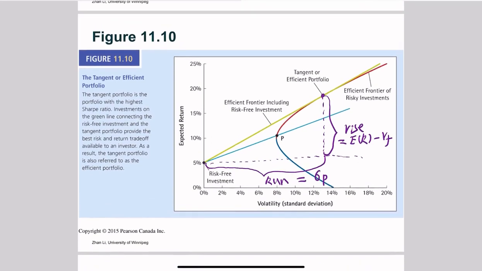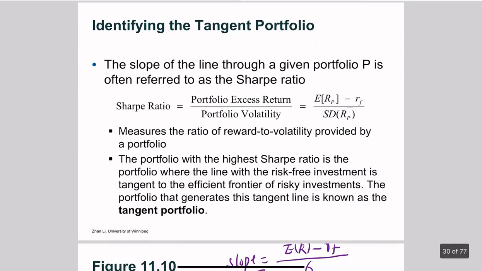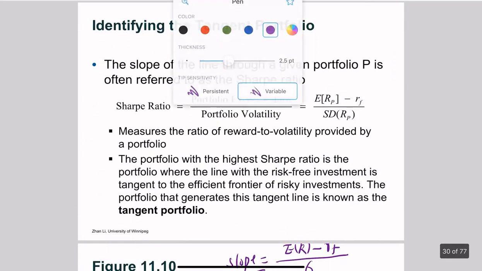So the slope of this line equals expected return minus risk-free rate divided by standard deviation. In finance, we call this slope the Sharpe ratio because William Sharpe proposed this in a paper. So this is the definition of Sharpe ratio.